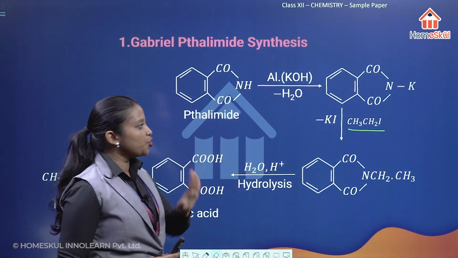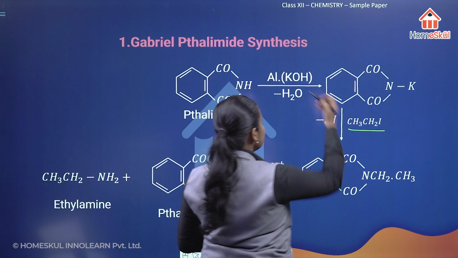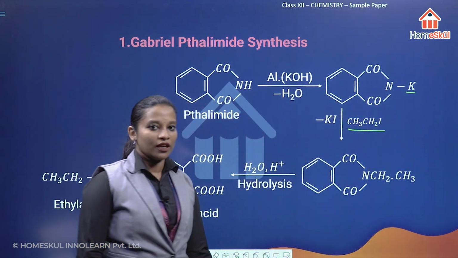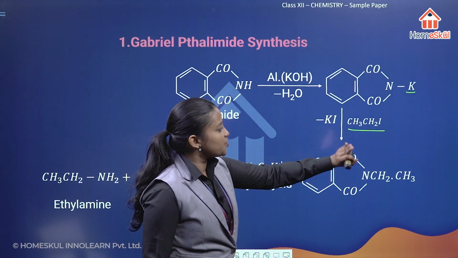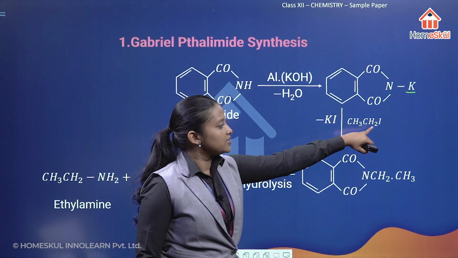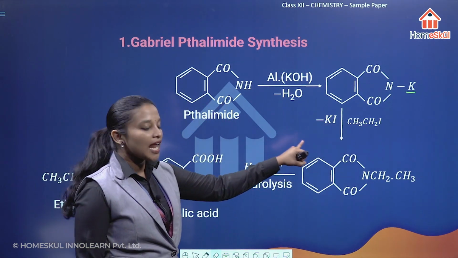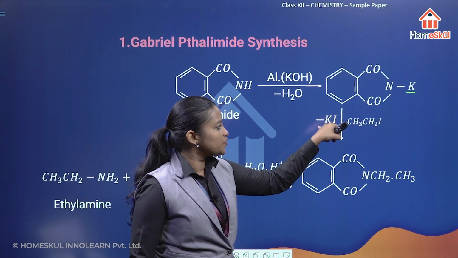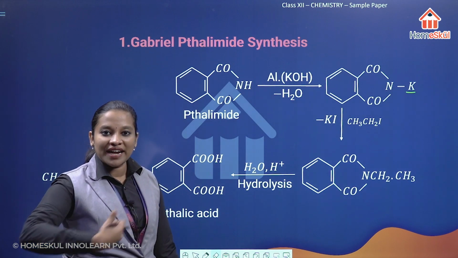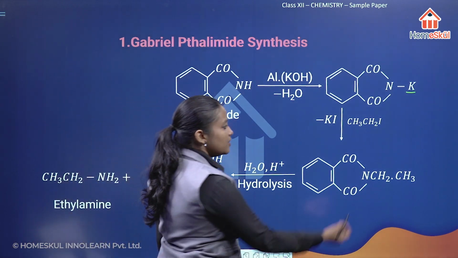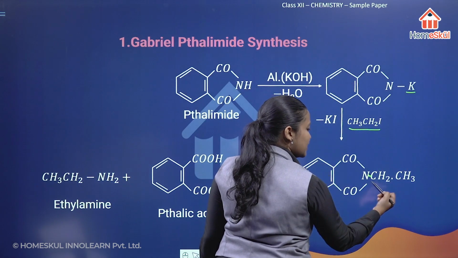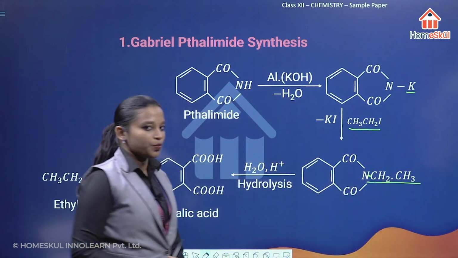Elimination of an H2O molecule occurs and the hydrogen is replaced with potassium. Then it reacts with a haloalkane, here ethyl iodide. Then the iodine goes with the potassium and potassium iodide is eliminated, and the K is replaced by the CH3CH2 group.